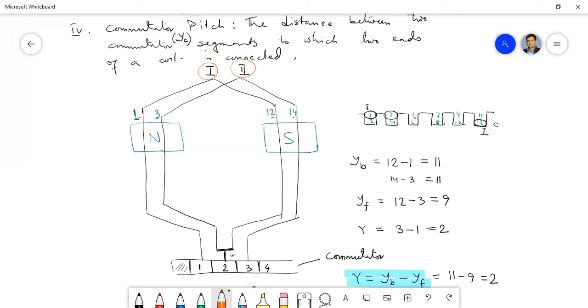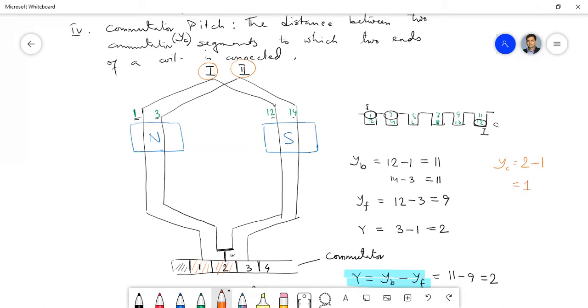So coil 2 is started from commutator segment 2 and coil 1 is started from commutator segment 1. So therefore here the commutator pitch YC is 2 minus 1. That is measured in terms of commutator segments, that only you have to remember.